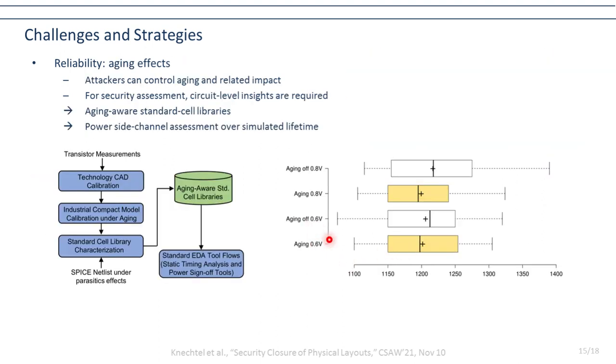And we do see that indeed with aging considered and for different voltages, we have a different impact on the security, that is on the resilience of the circuits. So in short, these kind of advanced assessments are required for security. They are available in principle for CAD flows, but they have to be also applied specifically with security in mind.